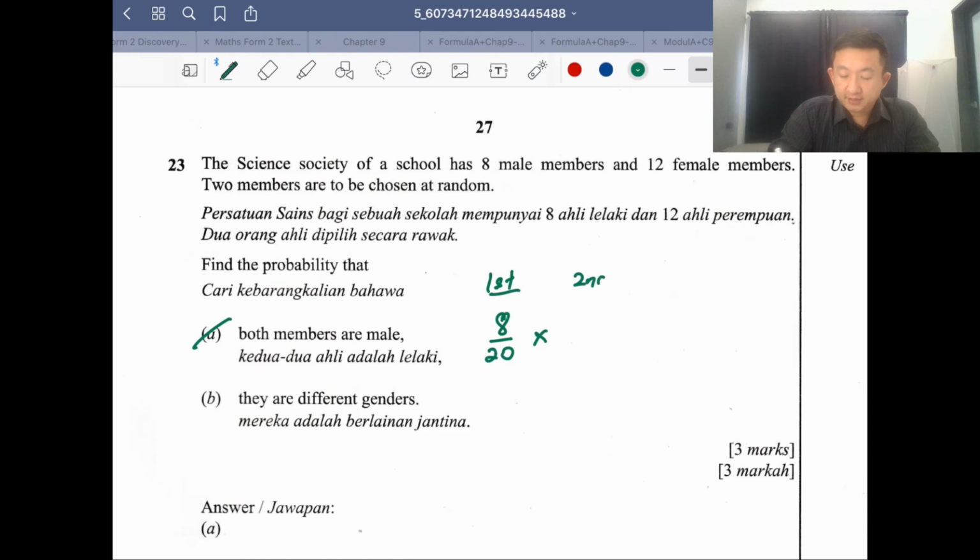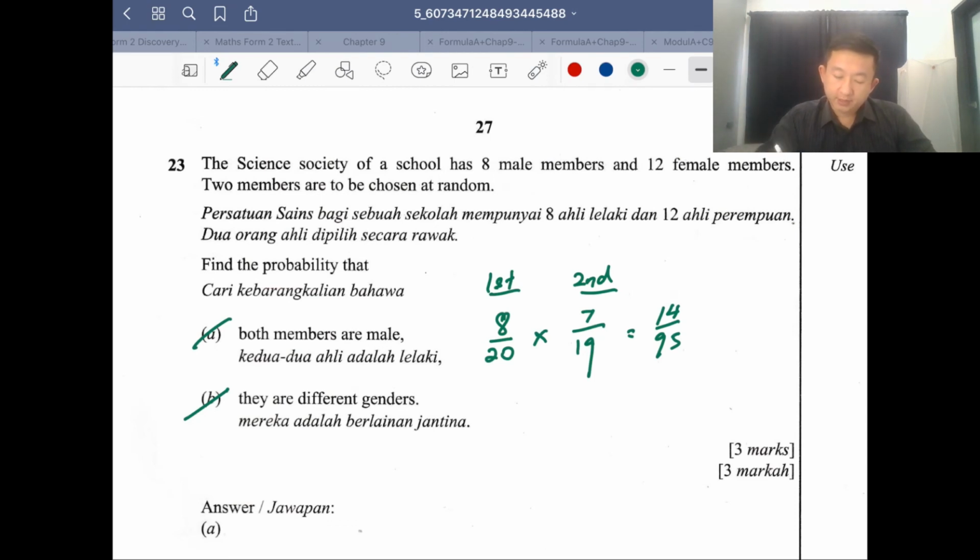For the second time, now you don't have 8 males anymore because 1 has been selected, so now you have 7, and the total is not 20, but 19 only. Probability, 14 over 95.